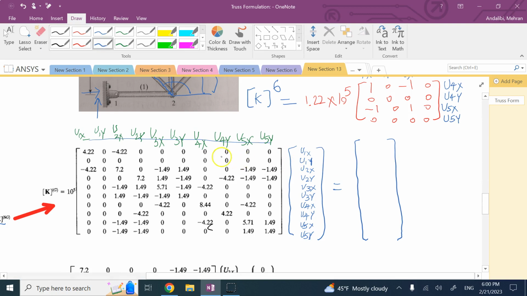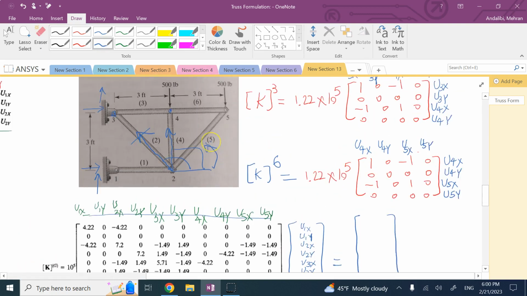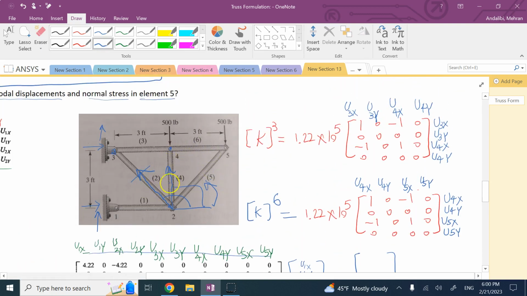So now let's go ahead and look at our nodes and see what we have. If you remember on nodes 1 and 3, we have these x's and y's that we don't know. So we can give them some name. So I would call them basically R of 1x and 1y.